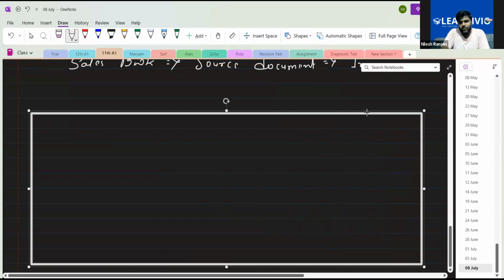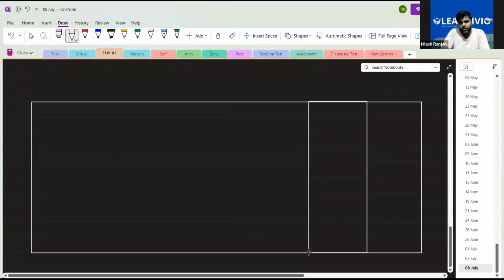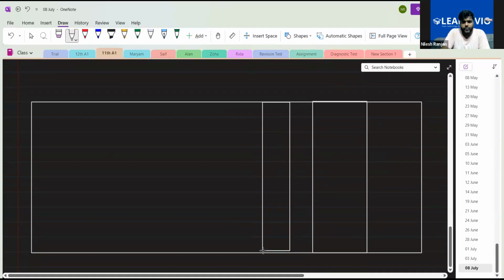One column for amount, one column for detail. Then invoice or voucher number, and then ledger folio.